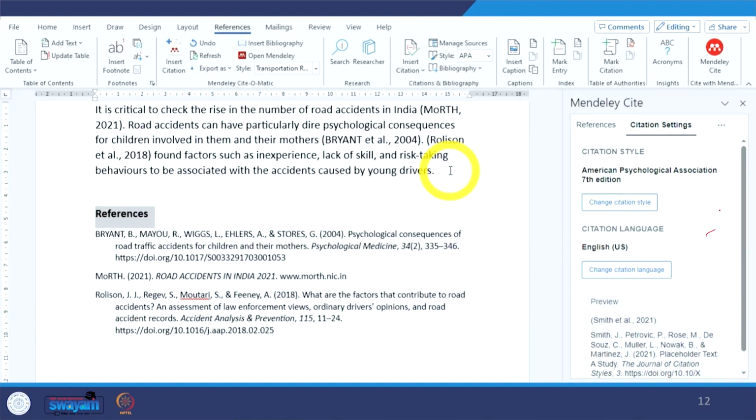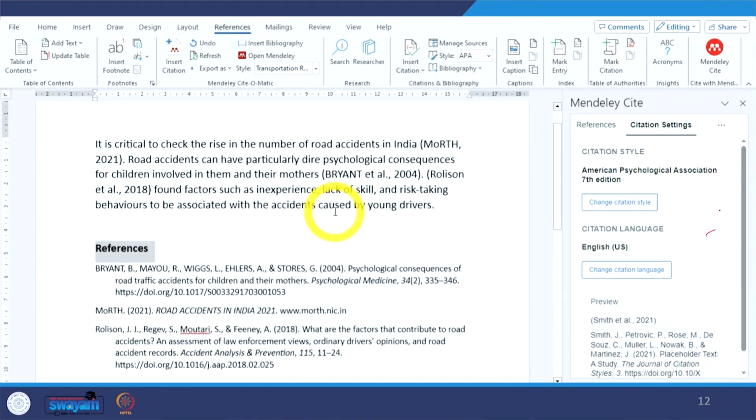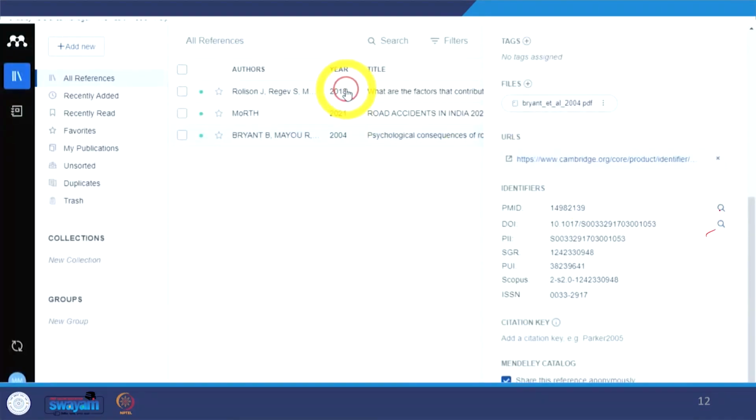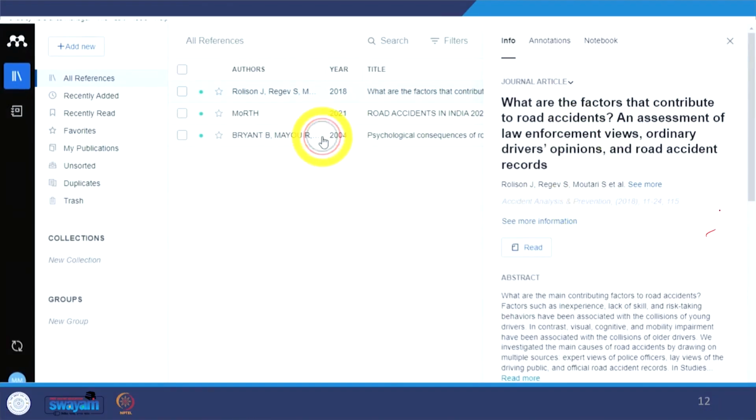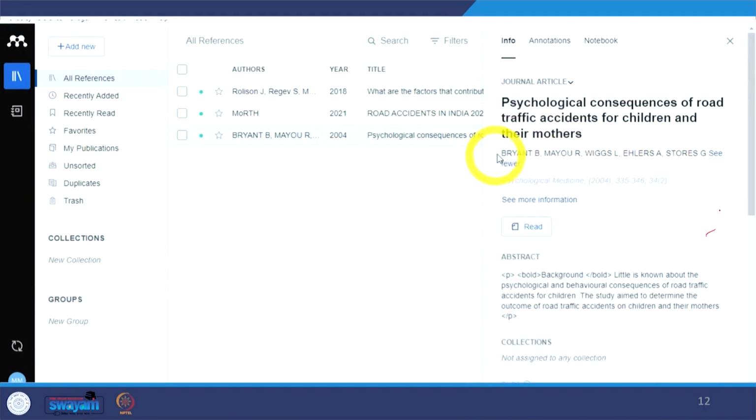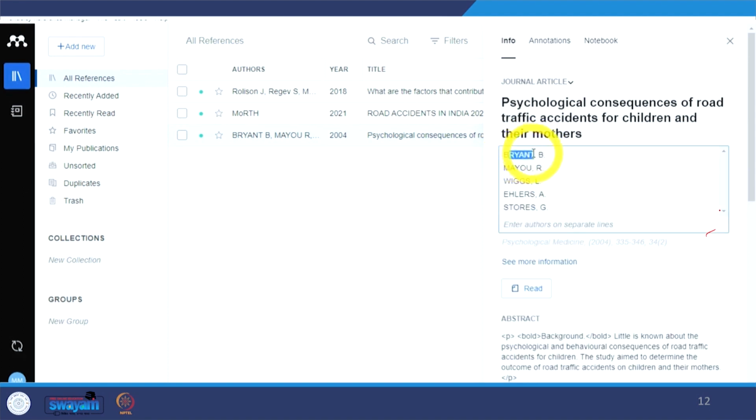That is APA. I have already shown this in the slide. What is required here is that it is all written in all caps, so you just change it here manually, just once, and it will be auto set.